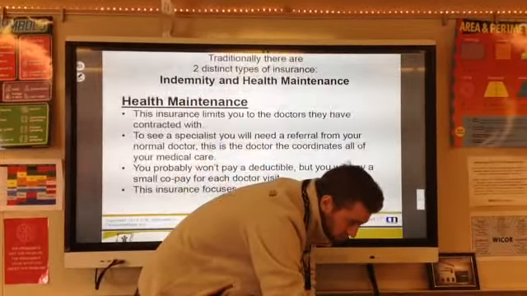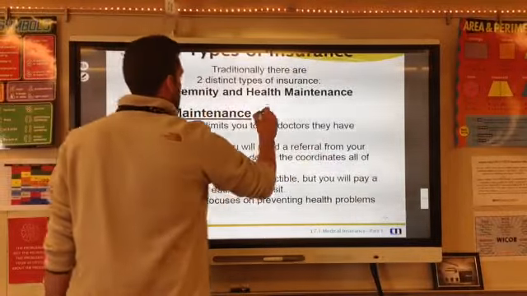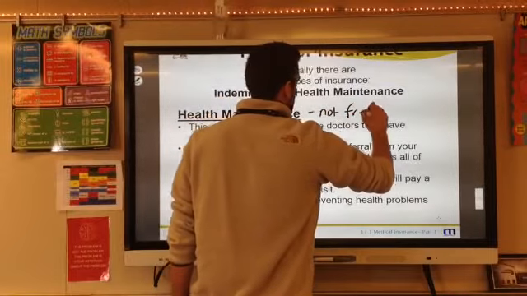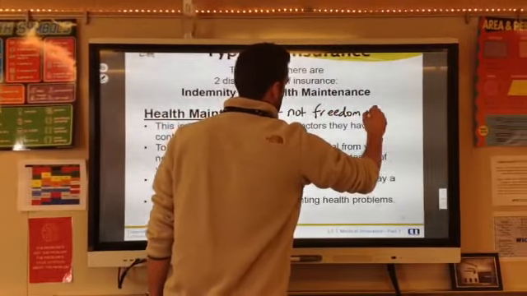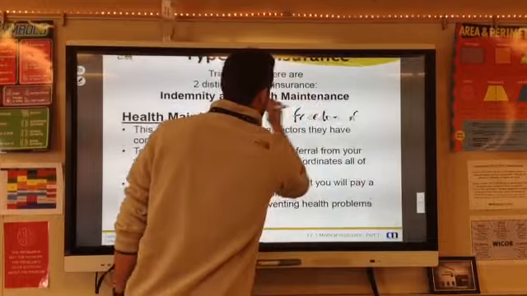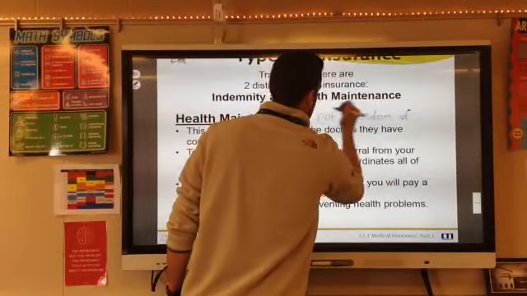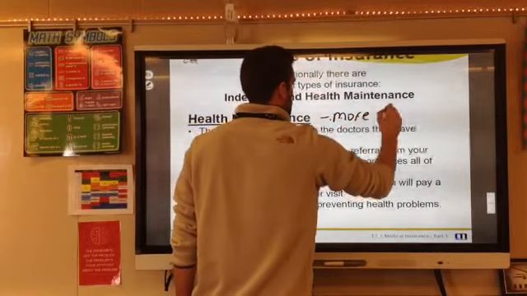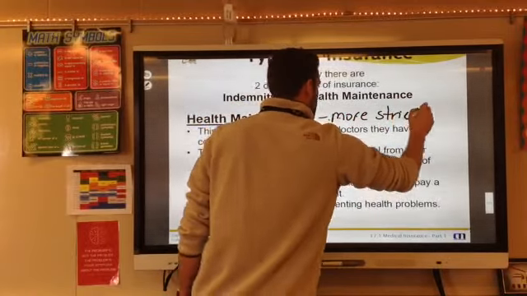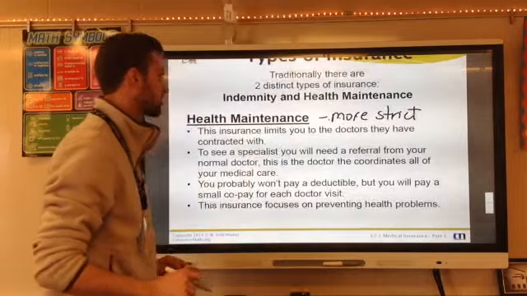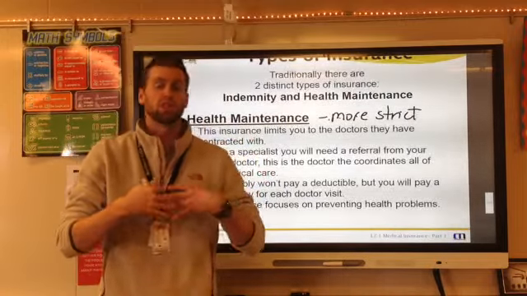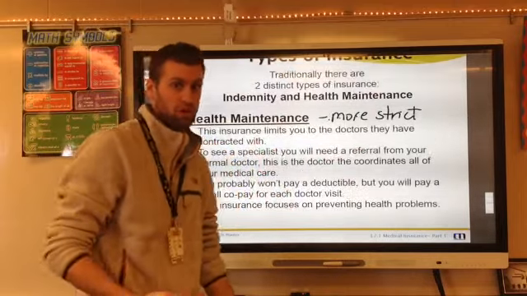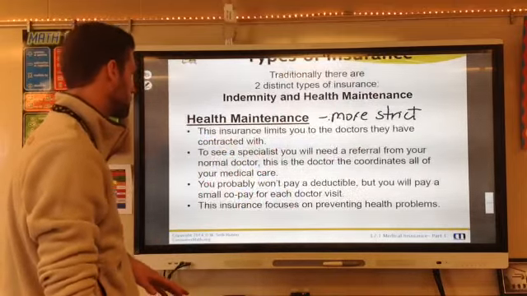Health maintenance is not freedom of choice. I'm going to write stricter. This is more strict. It means that you can only see certain doctors. The insurance company is going to limit what doctors you see. To see a specialist, you'll have to get a referral from one of those doctors that they force you to see.